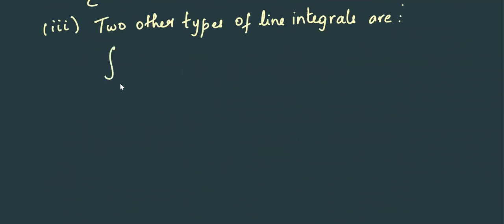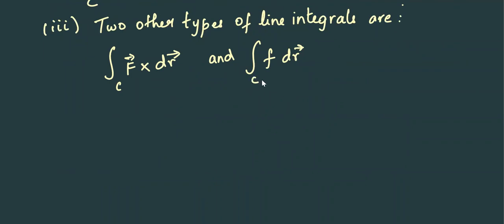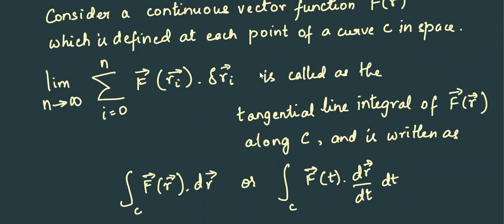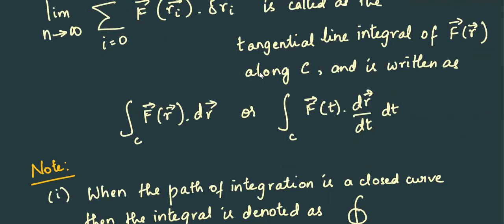This is cross product, which we'll not use so often, and integral vector integration of a scalar field. So these are the other two. Most commonly we use this, f dot dr is the most common.